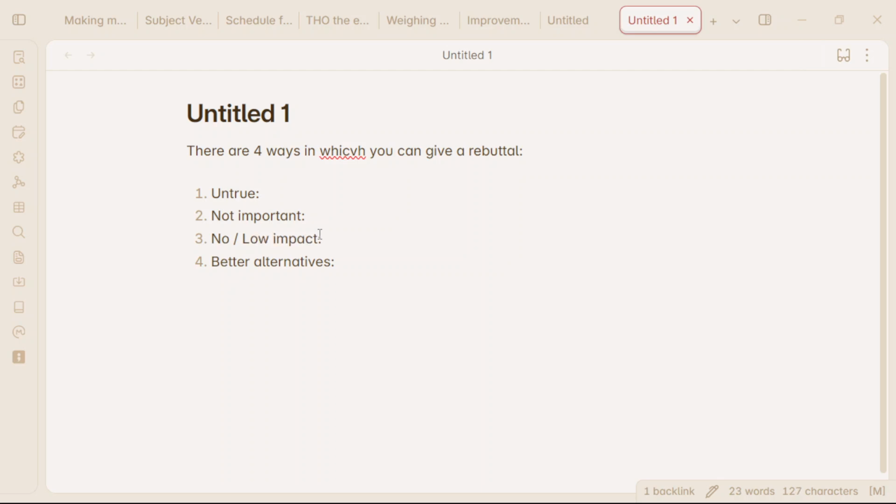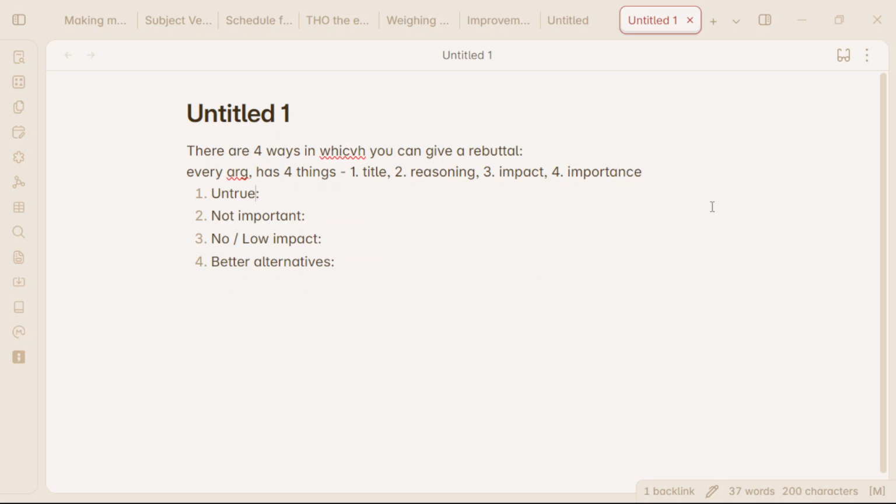So untrue basically means, again, we'll understand this with the help of the structure of an argument. We remember that every argument has four things, which are title, reasoning, impact, and importance.